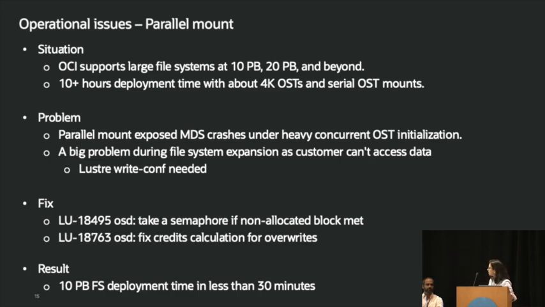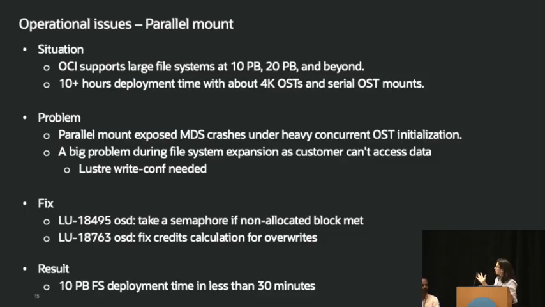So this is the time that we reduced to by leveraging the parallel mounts. It got reduced to just 23 minutes for a 10 petabyte file system. And you can see that out of those 23 minutes, 17 minutes is basically the provisioning time that our OCI workflows take. But we reduced even that provisioning; we changed our workflows in a way that also reduced it.